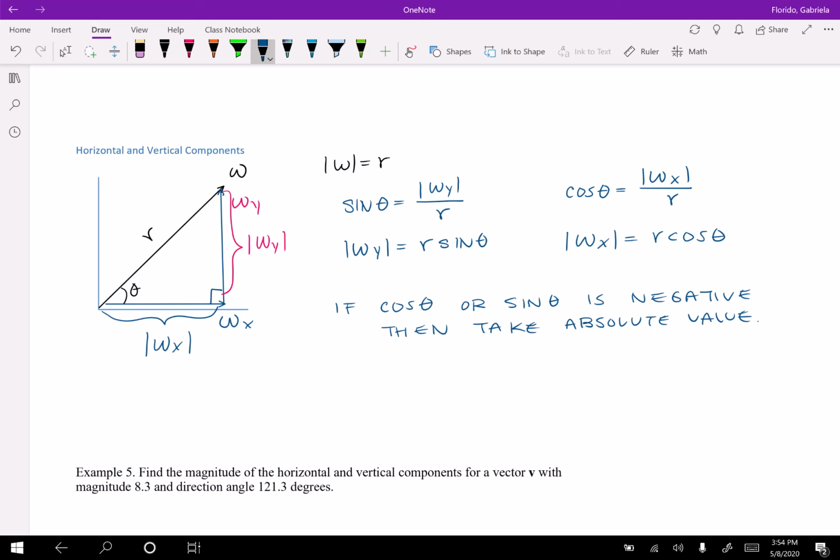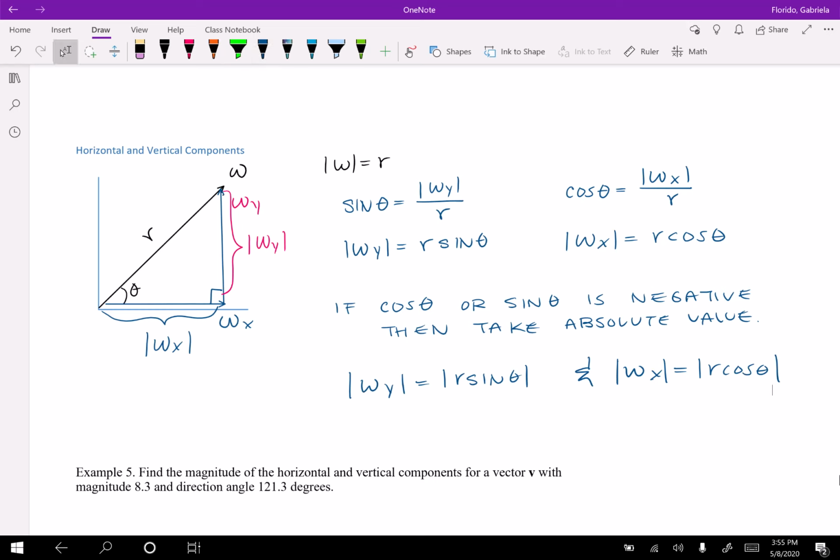So for example, the magnitude of Wy is just going to be the absolute value of r sine of theta. And we're going to do the same thing to the other one. The magnitude of Wx is equal to the absolute value of r cosine of theta. Because remember, the magnitude is going to be positive. It's the length. And so we want to make sure that r sine of theta is a positive value and r cosine of theta is a positive value as well.